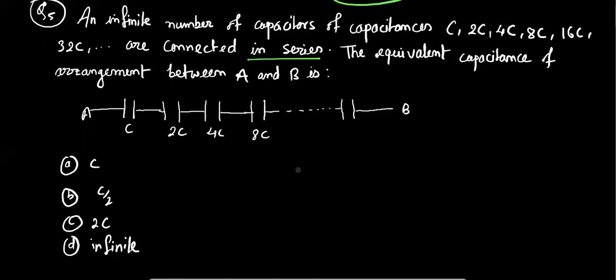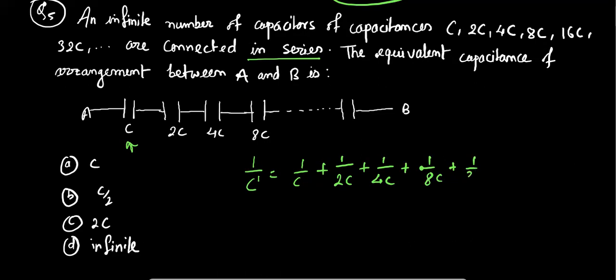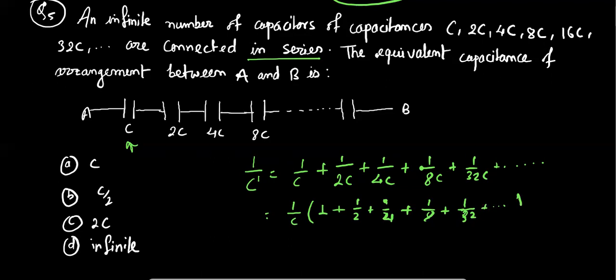For series combination, as we know, the equivalent capacitance can be written as 1 by C dash, suppose this to be C dash, equals 1 by C, plus 1 by 2C, 1 by 4C, 1 by 8C, 1 by 32C, and so on up to an infinite number.